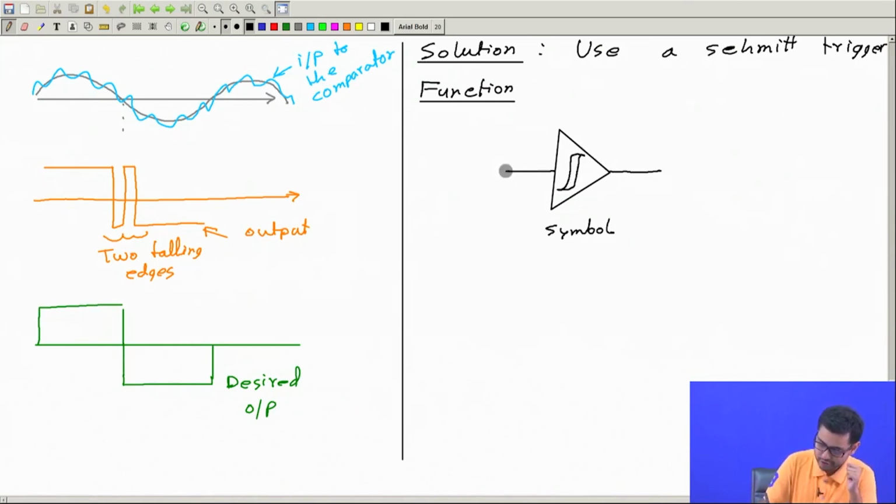Now, if you give an input to it, it will generate a kind of square wave or rectangular wave. How? Say the input is like this. So, this is the input, this is the output.